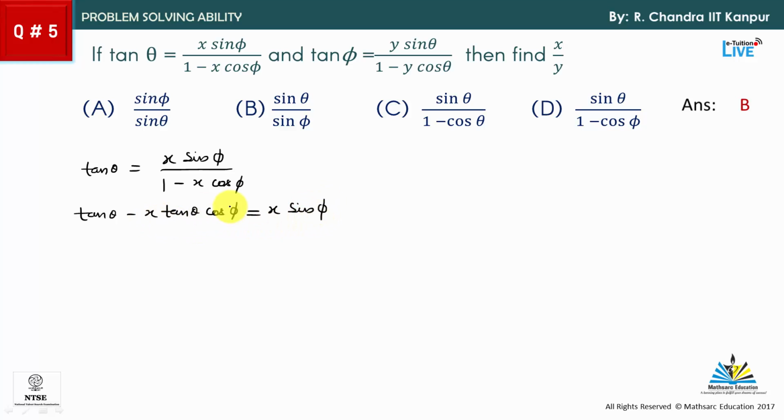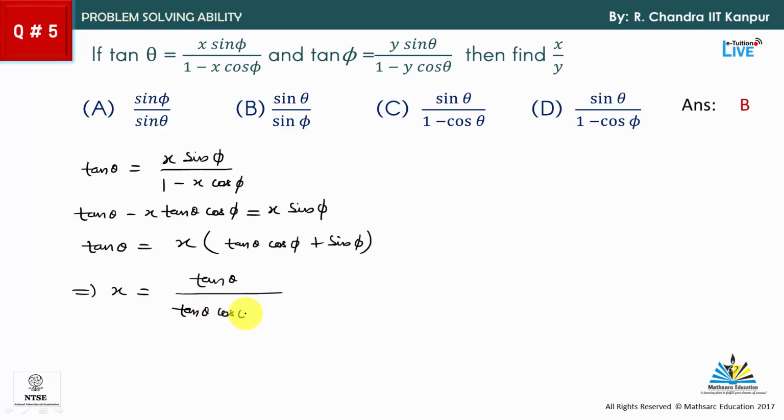We take x to that side, then we will have tan theta is equal to x times tan theta cos phi plus sin phi. Hence this implies x is equal to tan theta upon tan theta cos phi plus sin phi.